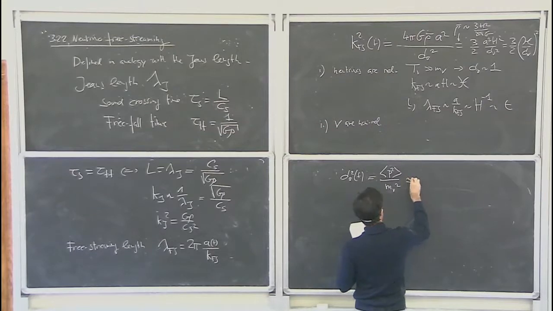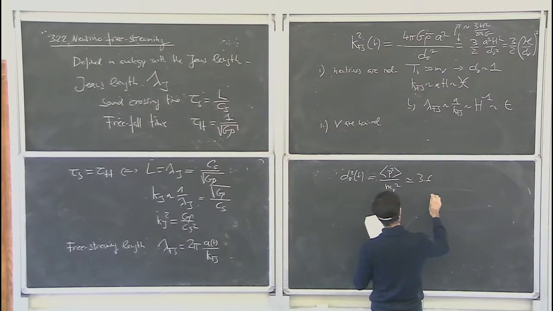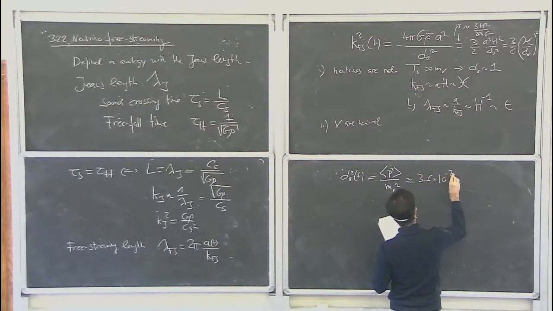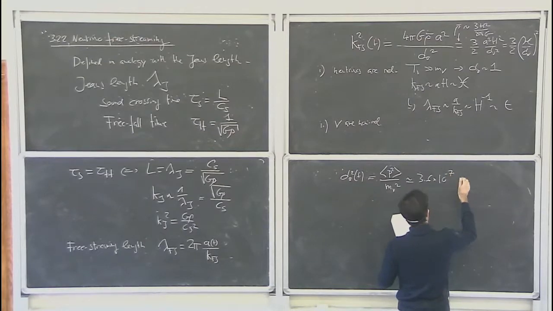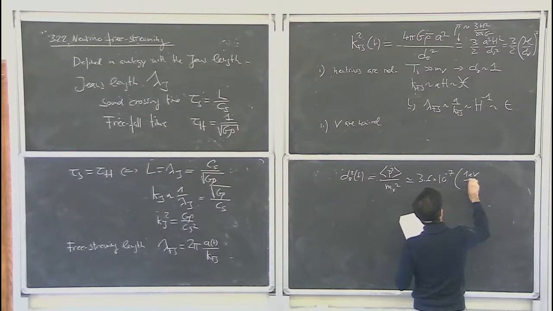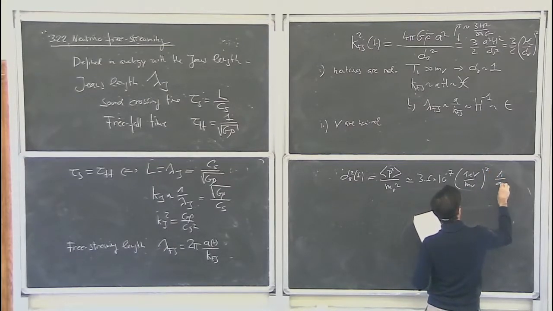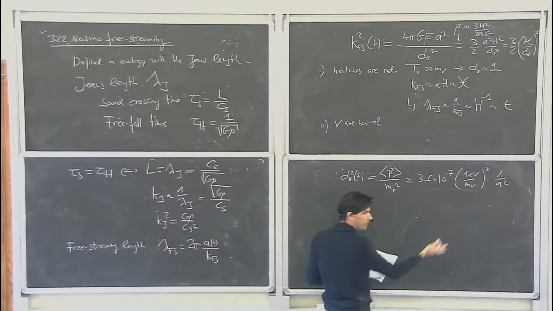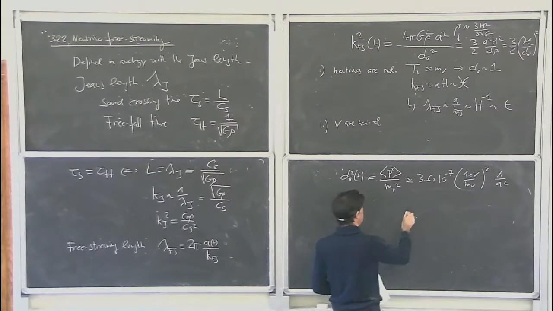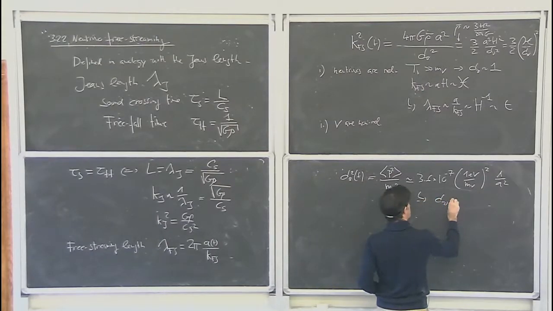And you get something of order 3.6 times 10 to the -7 times (1 electron volt over m nu) squared, times 1 over a squared. So basically, because of the redshift of momenta, sigma v goes like 1 over a.